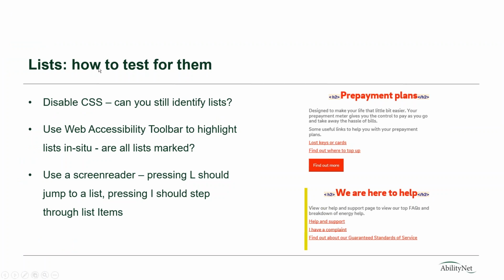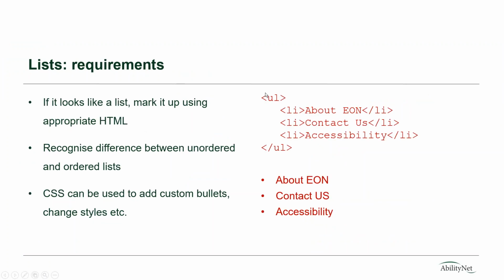So that's a very quick look at lists. Again, just to reiterate, these use the markup UL for unordered lists, OL for ordered lists. The third type of list, which I didn't mention, is definition lists, DL, and they are marked up in a slightly different way, because instead of single list items, each list item is a pair of a definition term and a definition.